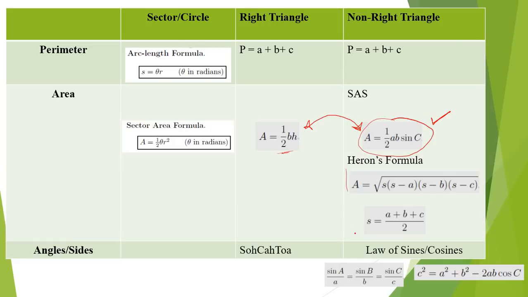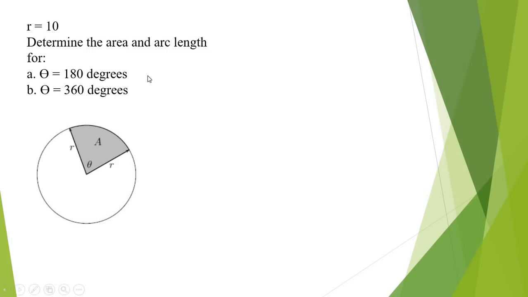And for Heron's formula, the law of sines, and the law of cosines, these are usually the tools or formulas you need to use when solving problems involving circles and triangles. Okay, so let us have an illustrative example.